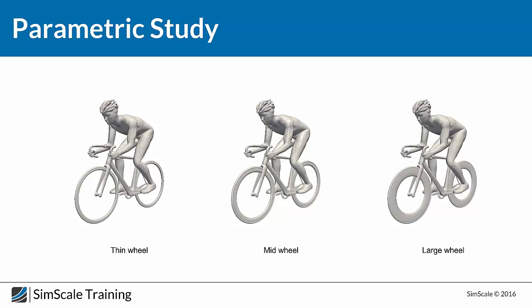We have a thin wheel solution, a mid wheel solution, and a large wheel solution. As you can see, it's a real big difference. The large wheel honestly doesn't look like a bike wheel to me, while the mid wheel, I would say, is how my bike's wheels look. And let's see what the effect is, Akram, right?